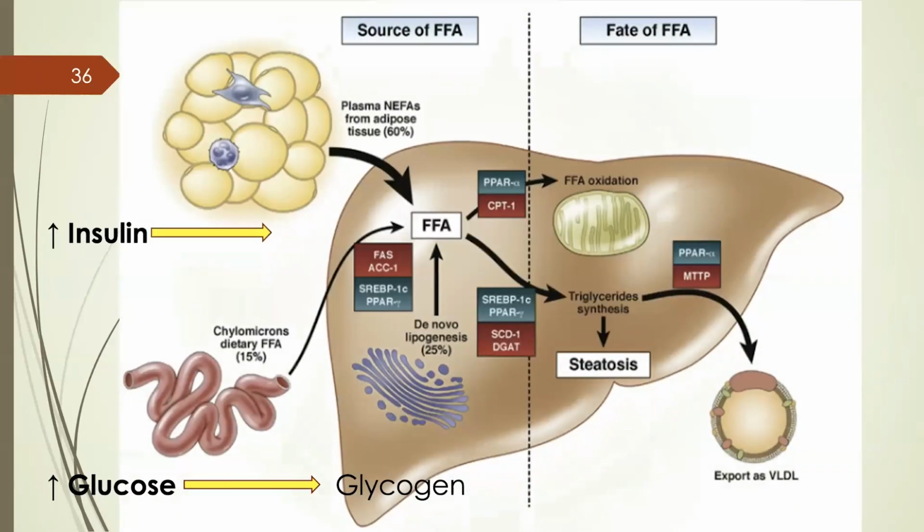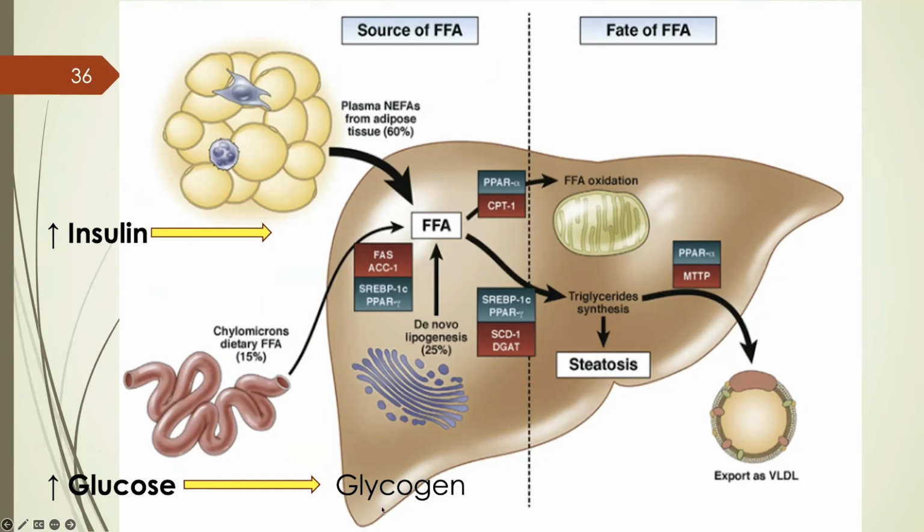So let's see what happens once the fatty acids tend to enter the liver. What the inflamed adipose tissue is going to give into the circulation, and from the circulation into the liver, is a hyperinsulinemia. That means a lot of insulin is coming into the liver, and because of the diabetes, you have a lot of glucose which is coming into the liver.